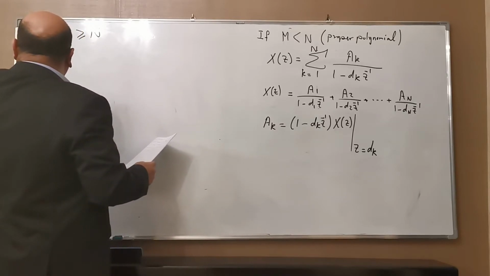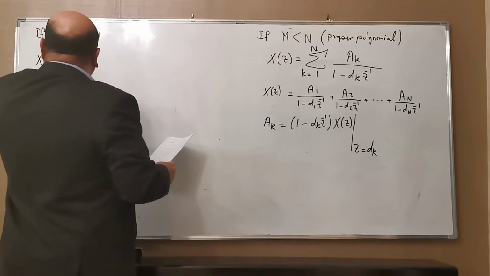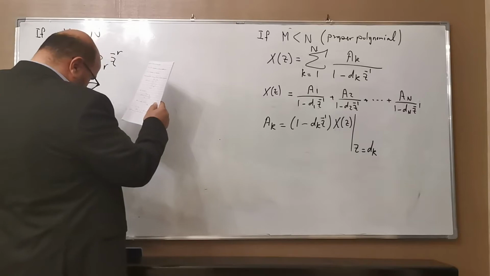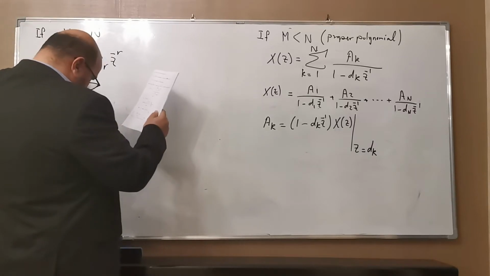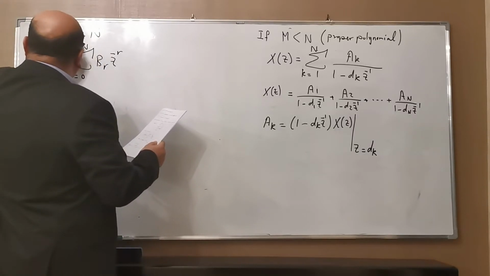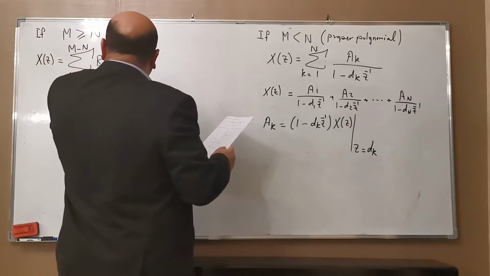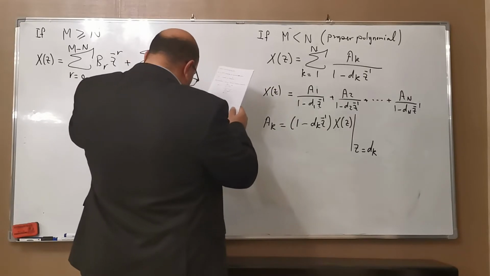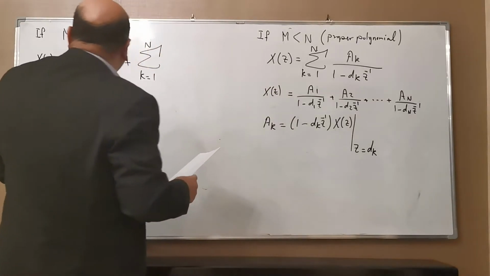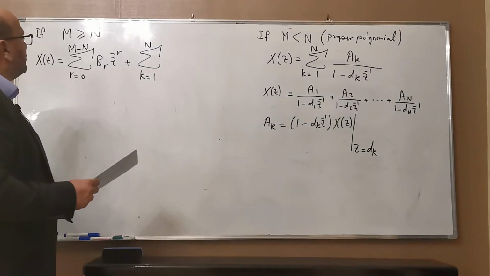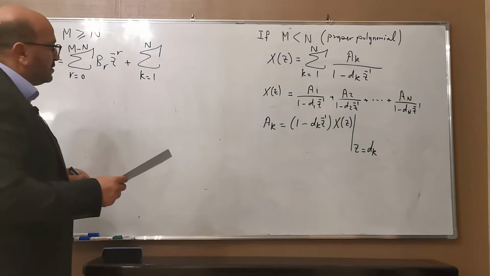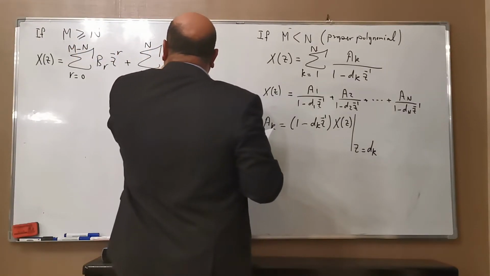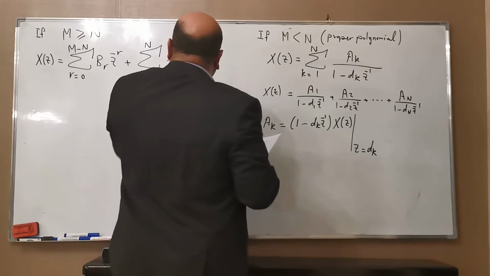And here we have X(z) equal to the summation of b_r z to the minus r for r equals 0 up to M minus N, plus the partial fraction done for the rest, or the residue, after doing the long division process for the two polynomials, the numerator over the denominator, and here we have a_k over 1 minus d_k z inverse.